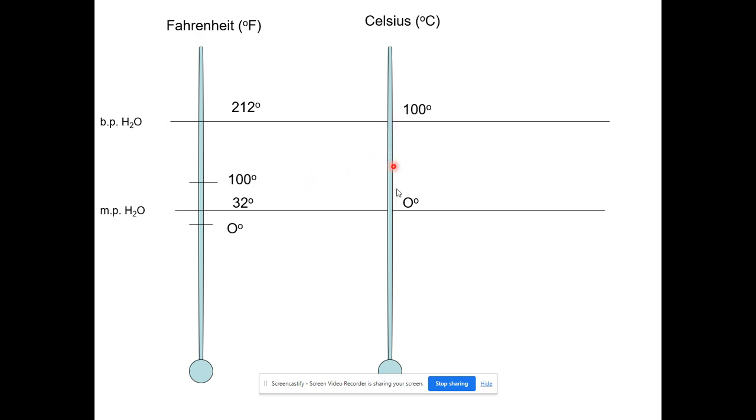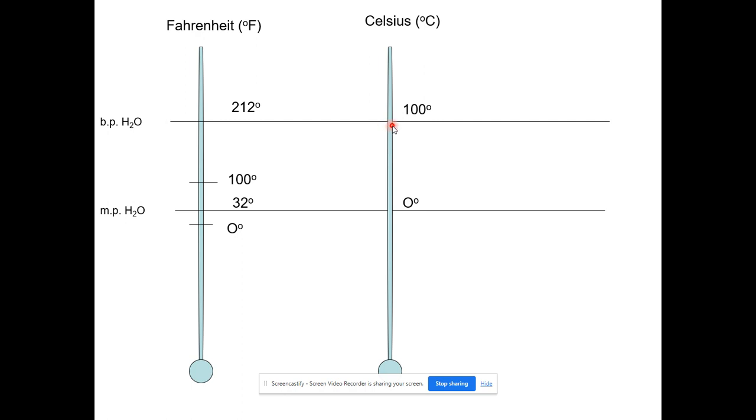Now, notice that the difference between 0 and 100 on the Celsius scale is bigger than the difference between 0 and 100 on the Fahrenheit scale, which means that each degree Celsius is bigger than each degree Fahrenheit. We're going to see that in the formula that we're going to use to calculate between the two. So that's how he set the Celsius scale.